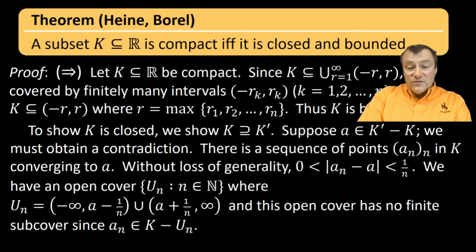If you take only the first n sets from U_1 up to U_n, they won't cover any of the terms of the sequence beyond the nth term. That's a contradiction. So K is closed, and that proves the forward direction of the theorem.